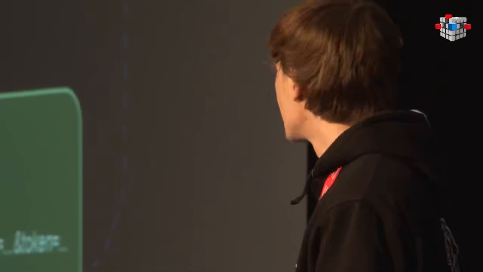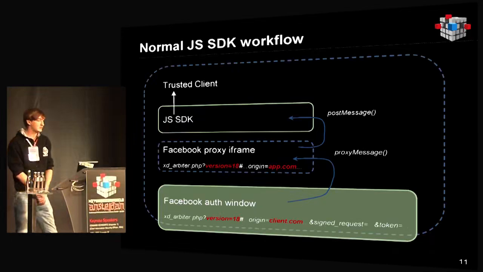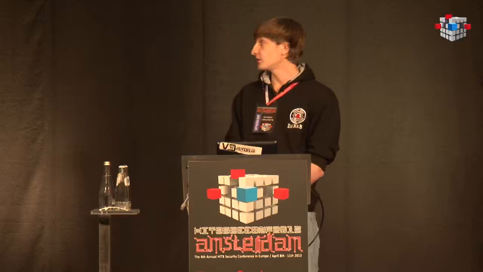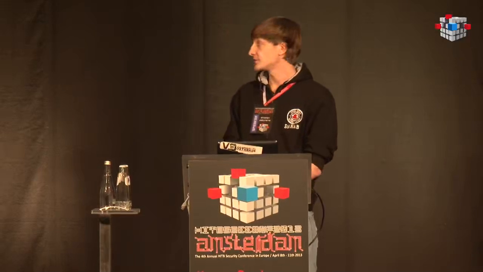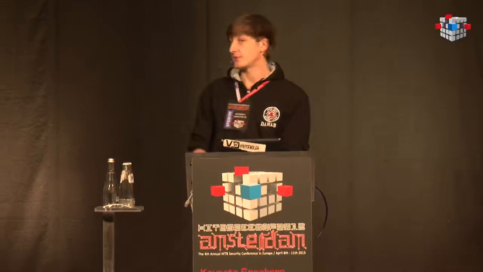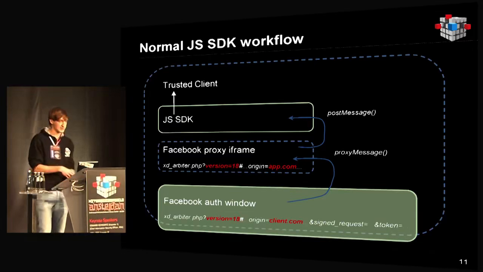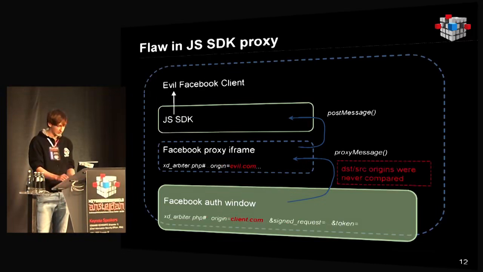So the flow works this way. Everything spins around the Facebook proxy iframe. For various reasons, because of different browser behavior, it consists of two iframes, or a window and an iframe. The top iframe is the actual proxy iframe, and the bottom is the window. The bottom iframe calls the proxy message function, while the proxy iframe with that function implementation calls postMessage and transmits the actual access token to the application's domain.